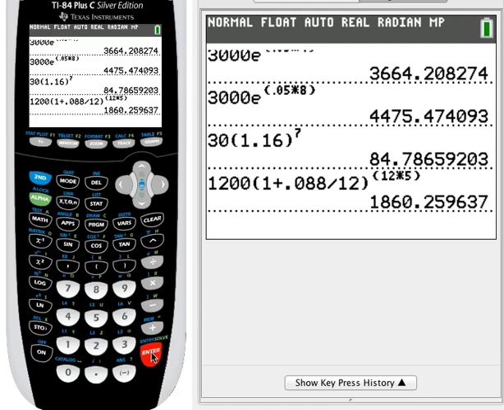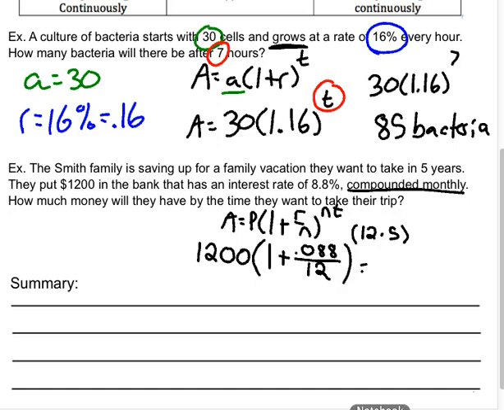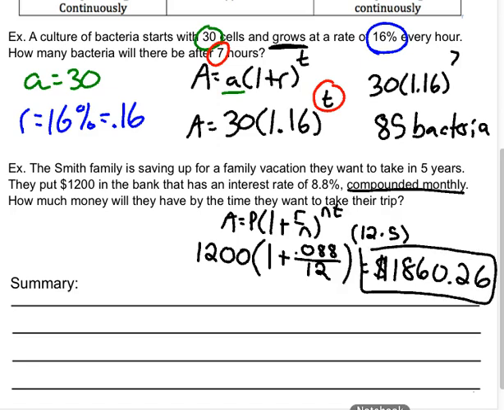They're going to have $1,860.26. So that's how much money they can expect to have by the time the trip comes around in 5 years from now. So again, just remember those basics.